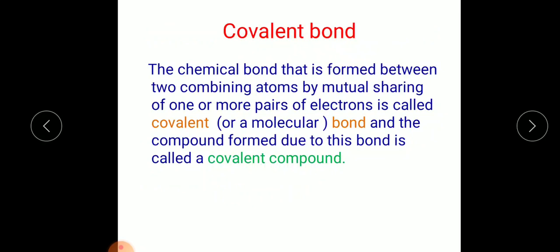The definition tells us the chemical bond that is formed between two combining atoms, that will be non-metals, by mutual sharing of one or more pairs of electrons is called a covalent or a molecular bond. The compound that is formed due to this bond is called a covalent compound.